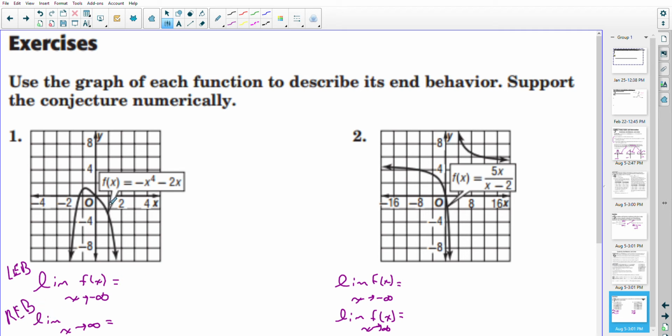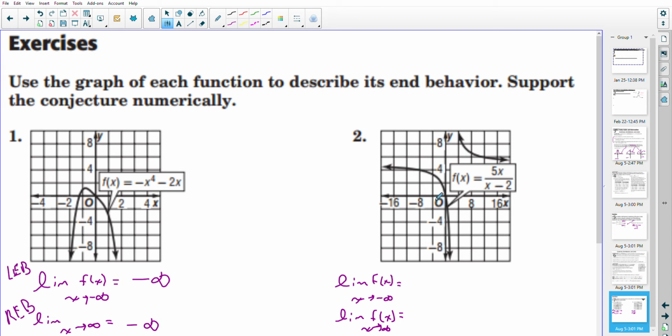Left end behavior, as x gets smaller, your f of x is going to get smaller as well, which means that it's going to go to negative infinity. If you go to the right, making your x positive as that continues, that's also going to go to negative infinity, and that's all you're looking at in this problem.